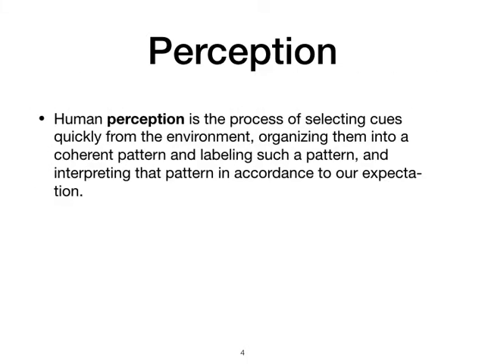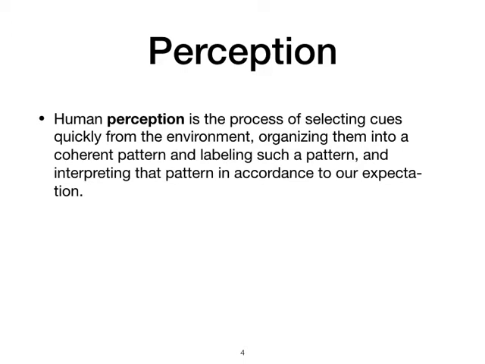So, what is perception? Human perception is the process of selecting cues quickly from the environment, organizing them into a coherent pattern, labeling such a pattern, and interpreting that pattern in accordance with our expectation. The very important point highlighted towards the end is that the pattern is in accordance with our expectation; how we perceive them is basically the perception.